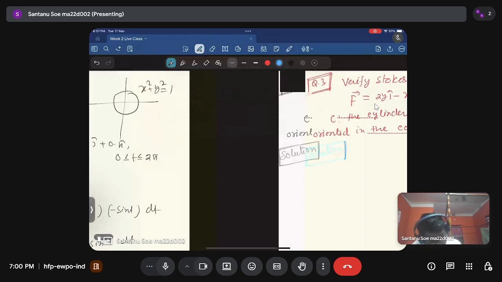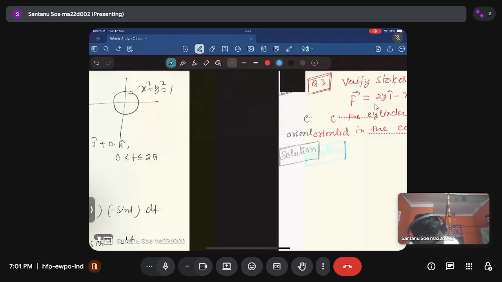So this will be dx dy divided by n dot k cap, where n is 1 by root 2 times minus i plus k cap. So this will be just 1 by root 2, so root 2 dx dy.